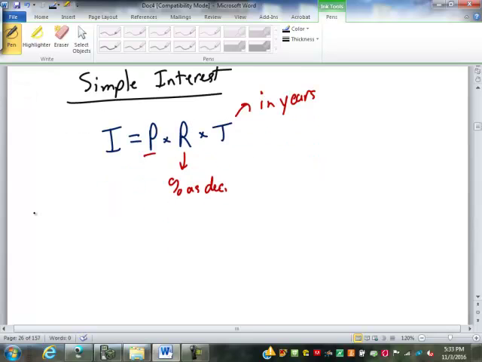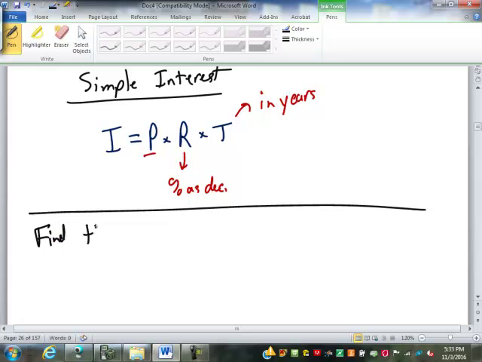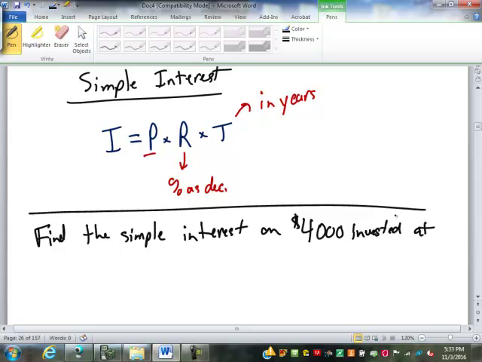So let's say I ask you to find the simple interest on $4,000 invested at 6% for 3 years.